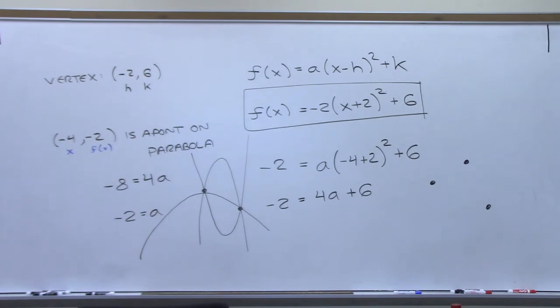And now you go draw it. So if you drew this, the vertex was negative 2, 12. Up 12: 2, 3, 4, 5, 6, 7, 8, 9, 10, 11, 12. So we're way up here, negative 2, 12. There we are. X-intercepts were at negative 4 and 0. So here's 0, and negative 4, like that.